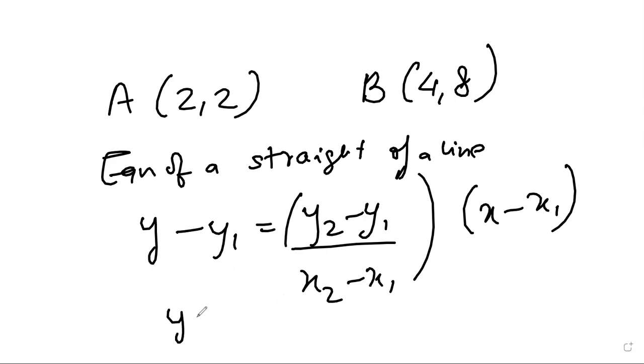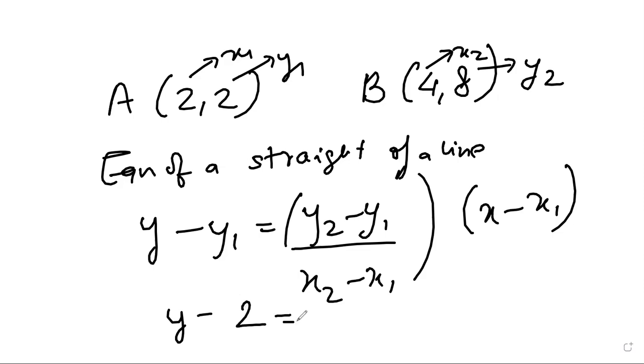In our question, this is x1, this is y1, this is x2, and this is y2. So y minus 2 is equal to 8 minus 2 upon 4 minus 2, and then in bracket we write x minus x1.